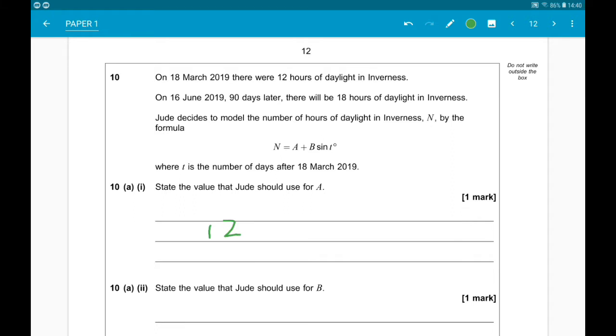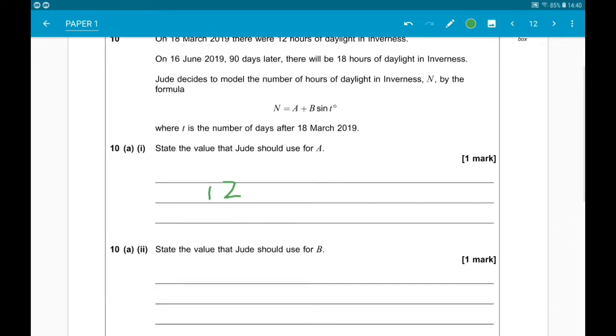Then in part 2, state the value of B. Okay, so we know 90 days later, n is 18. Now that happens when t is 90. Sine of 90 is 1. So we're going to get 18 is 12, add b, so b is 6.